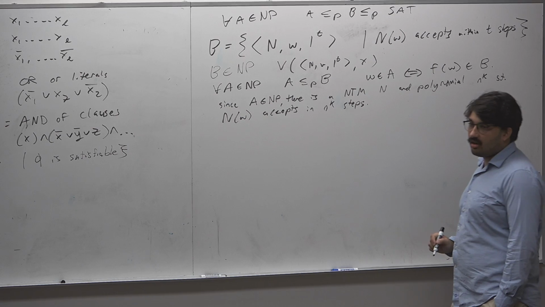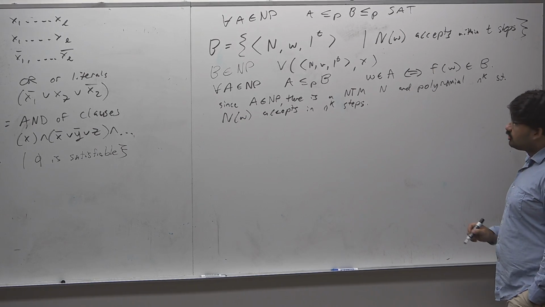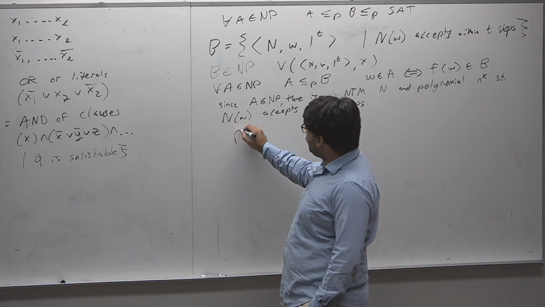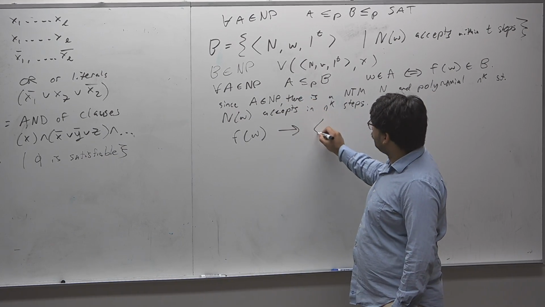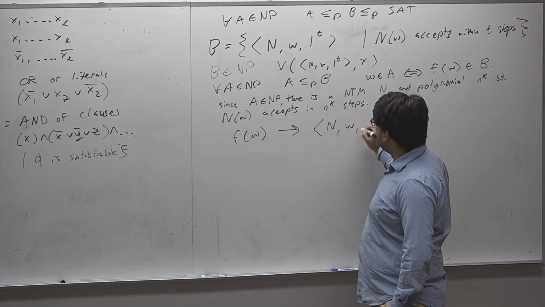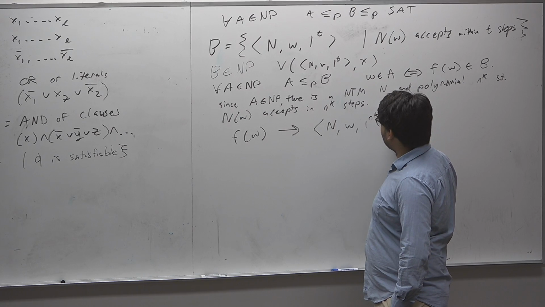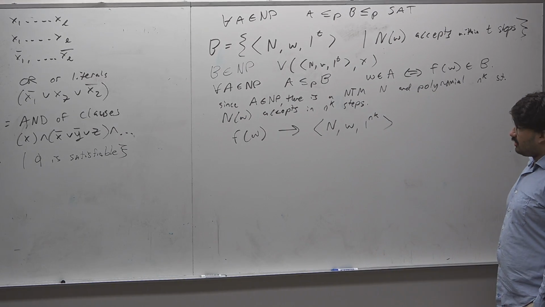That's the definition of a problem being in NP. So our reduction is simply going to output that machine N concatenated with W, concatenated with 1 to the n to the k. What does the reduction do here?